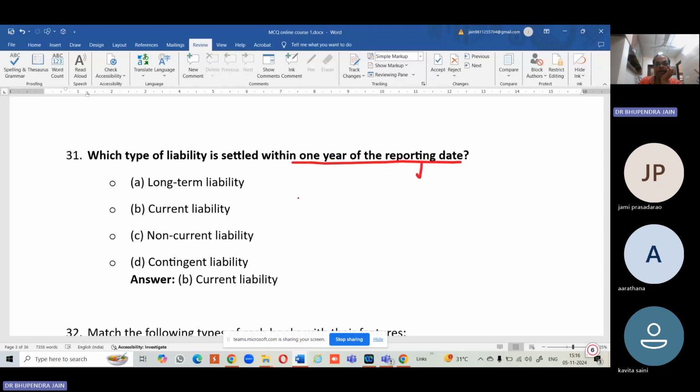I told you, current liability or short term liability, both are the same. When we are liable to repay the amount within a period of less than 1 year, that is short term, more than 1 year, then long term, and the short term is current. So long term means duration is more than 1 year. Current means duration is less than 1 year. This is the non-current, this is the contingent liability.